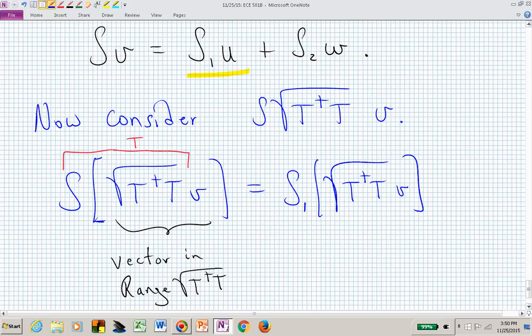But that, as we just showed in red, can be written as Tv.